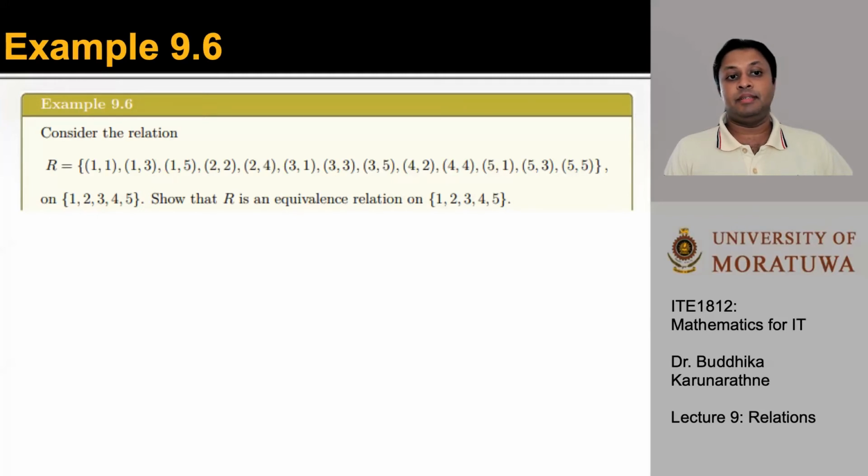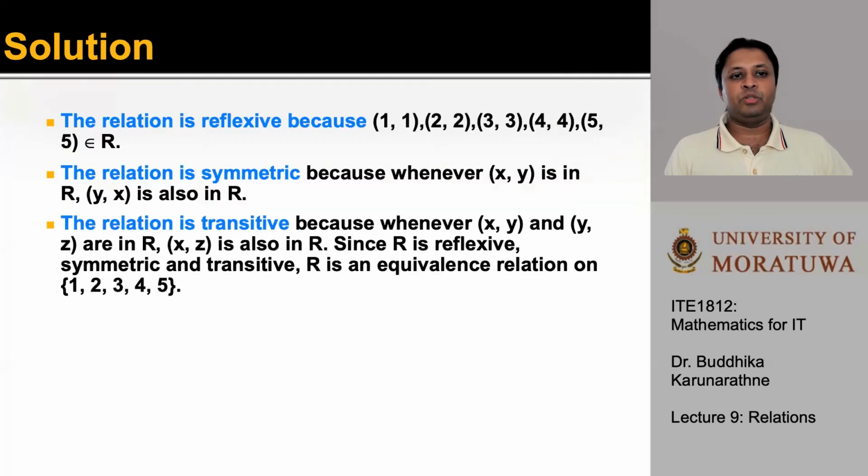Consider the relation R where you have these ordered pairs on 1, 2, 3, 4, and 5. We are required to show that R is an equivalence relation on 1, 2, 3, 4, and 5. Let's see how to approach this.